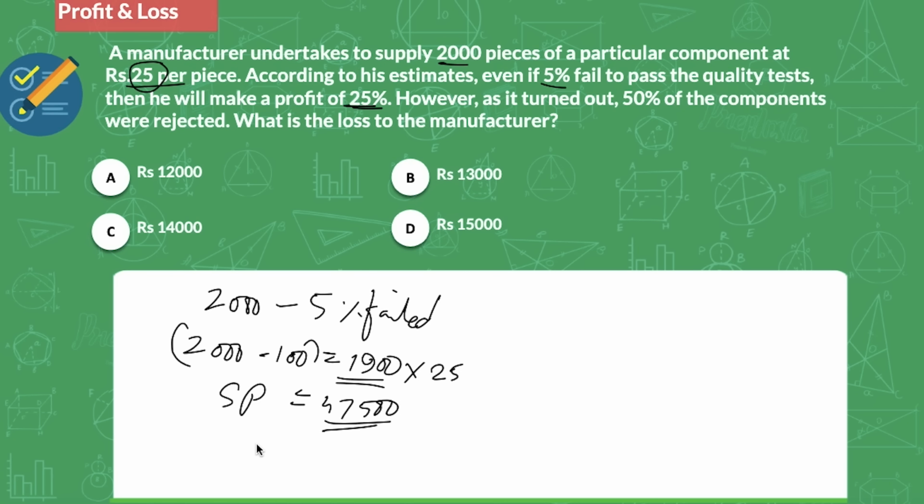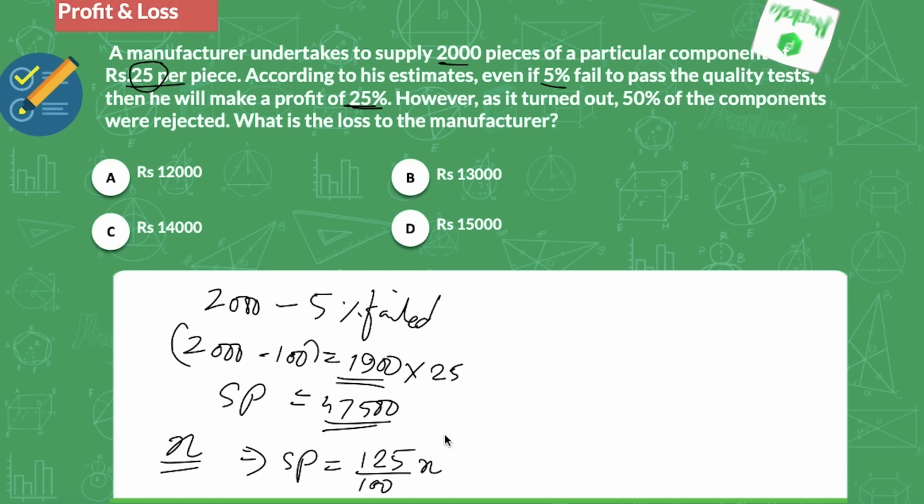Now it says even if 5% fail to pass the quality test, he'll make a profit of 25%. So this gives me a hint on finding the cost price from here. So let's say the cost price is X. If there is a 25% profit, that means the selling price is 125 by 100x, where x is the cost price.